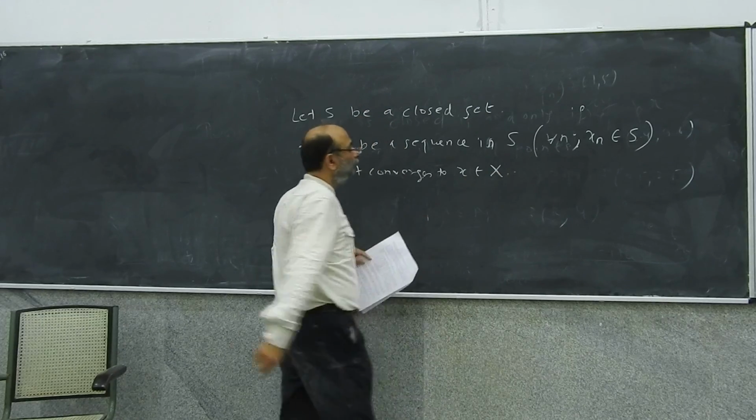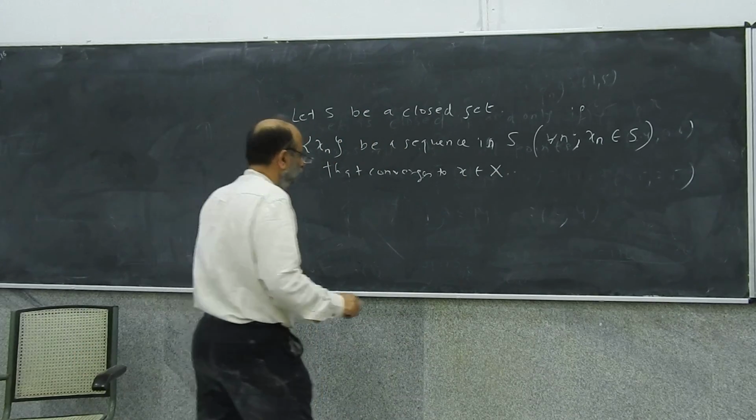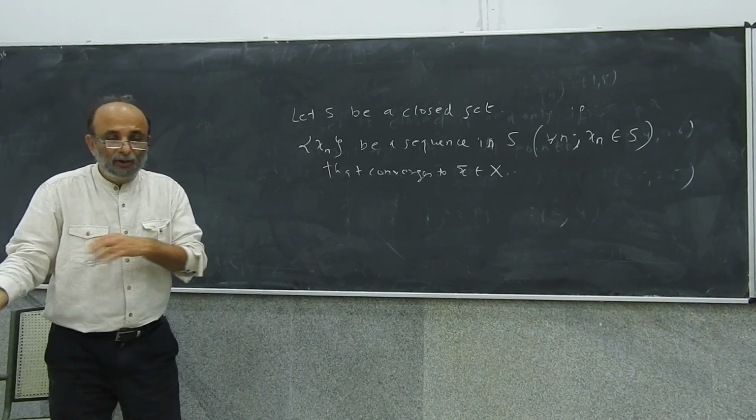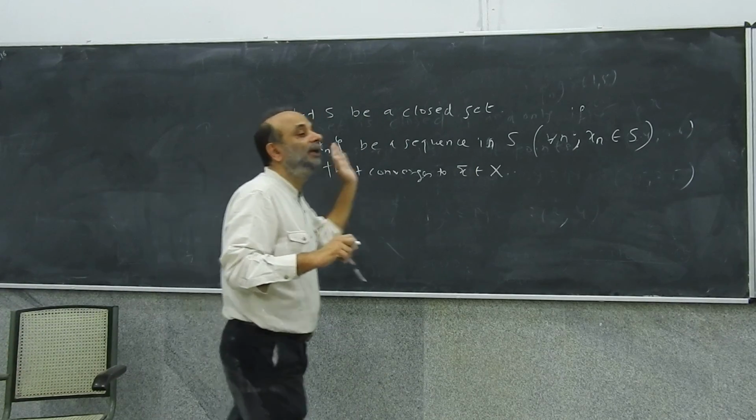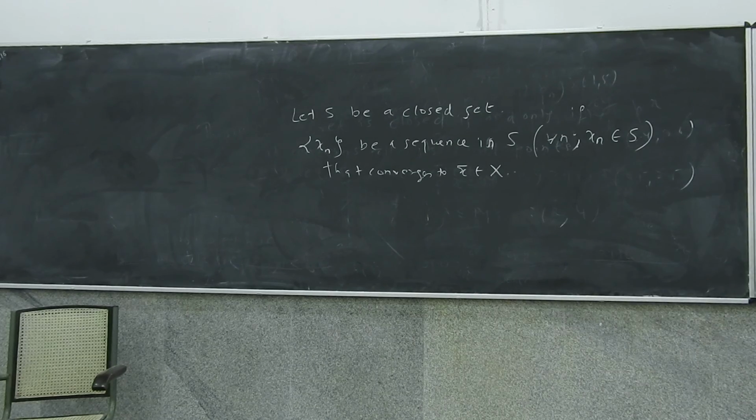Now what do you have to show? We have a sequence of points in S, it converges to some point x bar that belongs to the larger set X. We have to show that x bar will also belong to S, because x bar is a limit point.